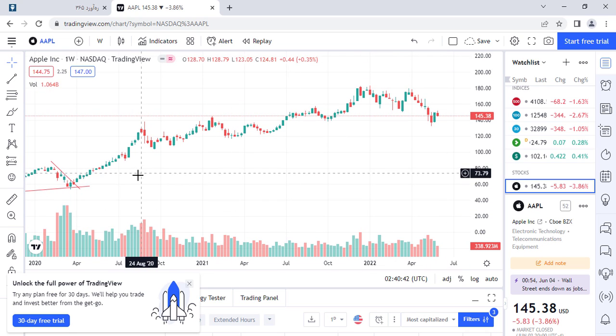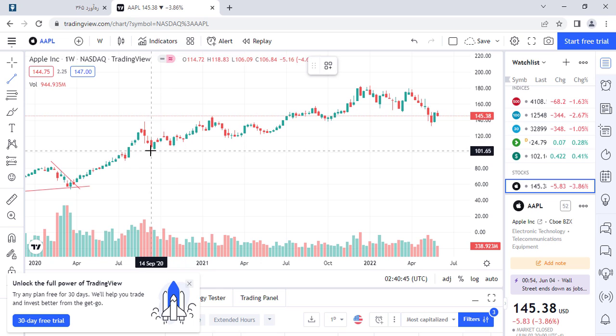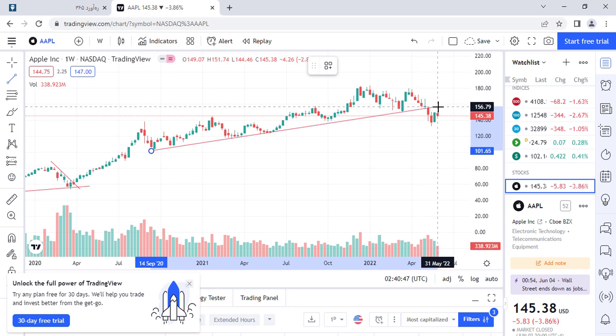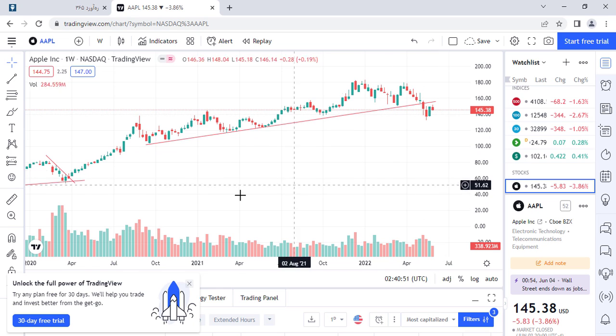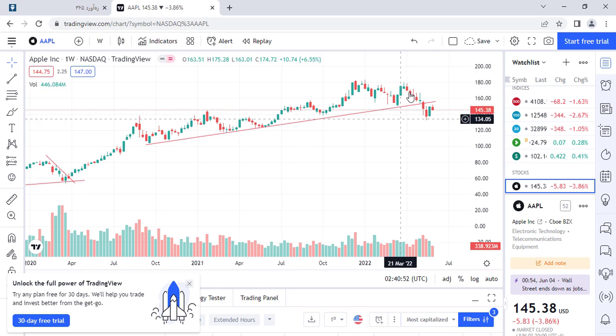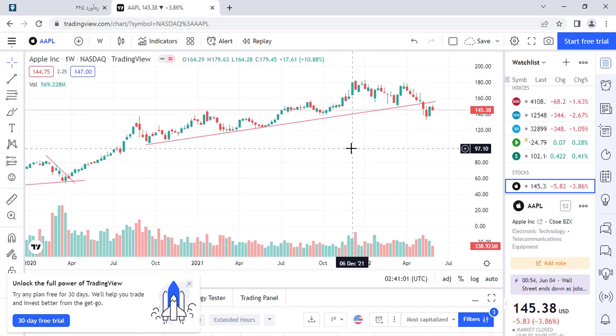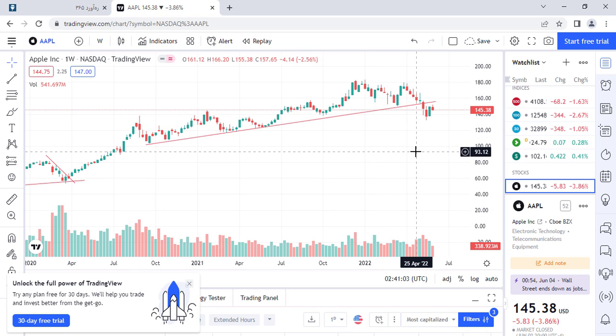for example, in here the trend line has been broken, but the major movement is upward trend. The break may become a false breakout, but it can also be a valid breakout and decrease the price.